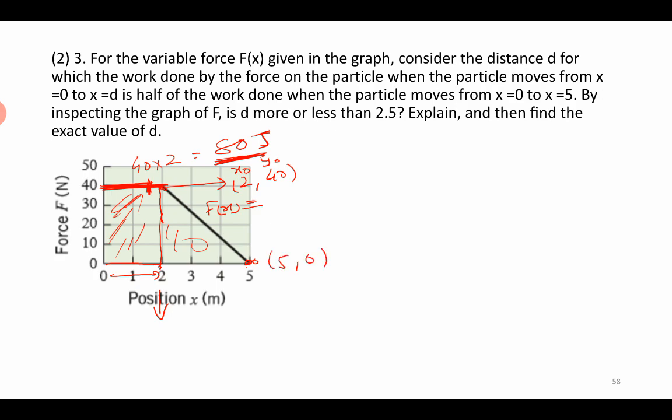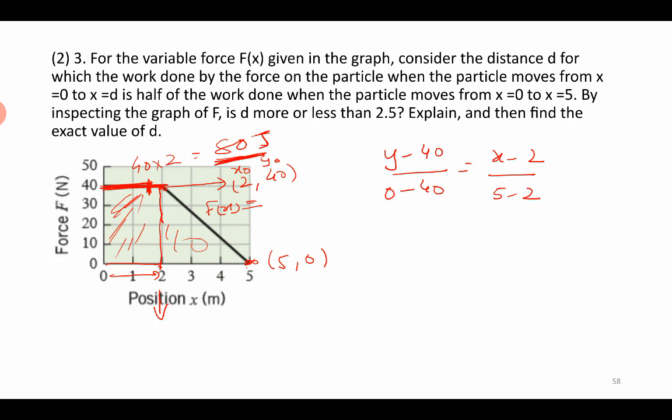When you use the same formula that we used in the previous problem, you will identify that y minus 40 divided by 0 minus 40 is equal to x minus 2 divided by 5 minus 2. So simplify this to get the equation.